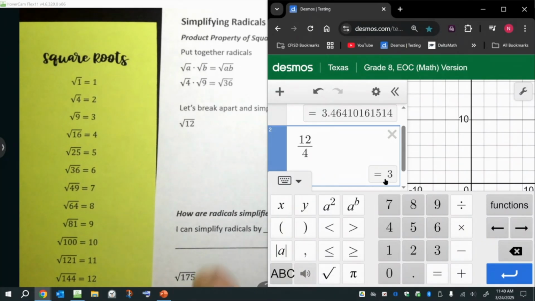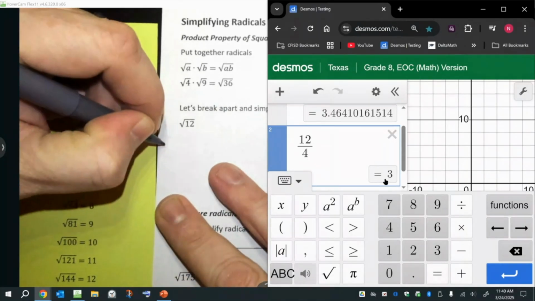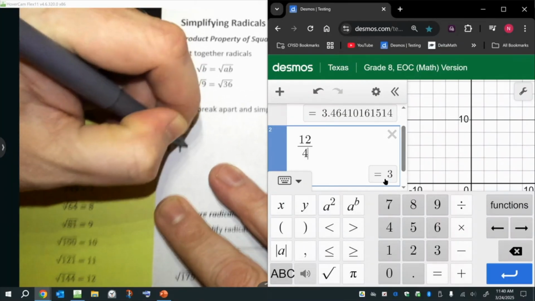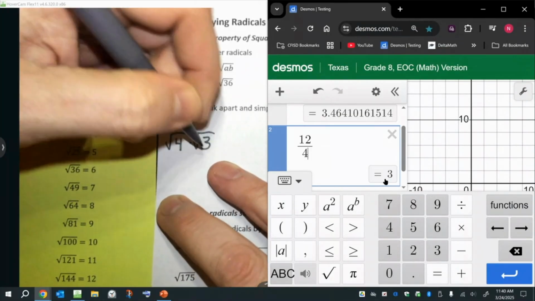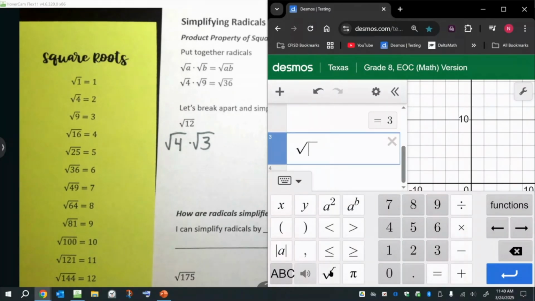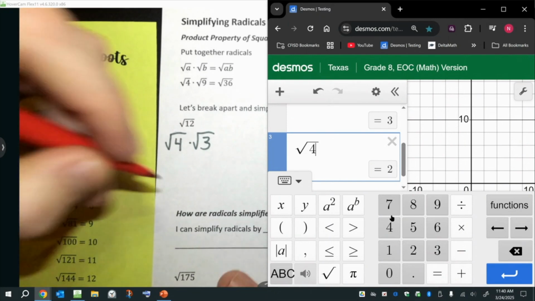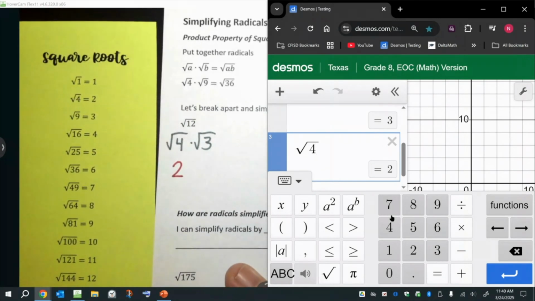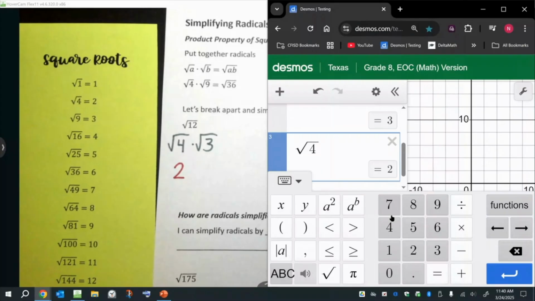So that's good because now I'm going to rewrite this as the square root of 4 times the square root of 3. And the reason why I'm writing it like that is because the square root of 4 is 2. So now this part becomes 2. And then the square root of 3, we can check that, but that's just going to be something poopy.